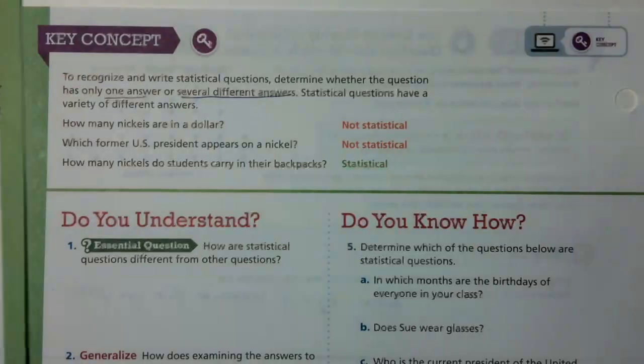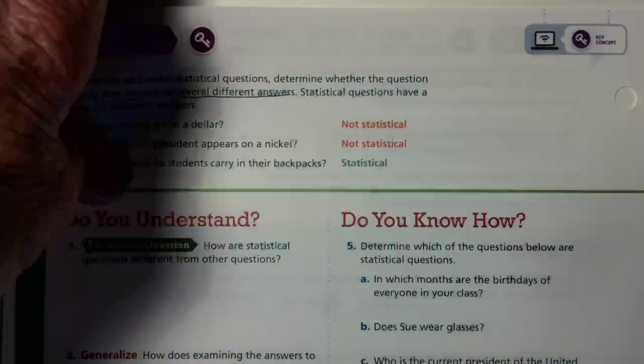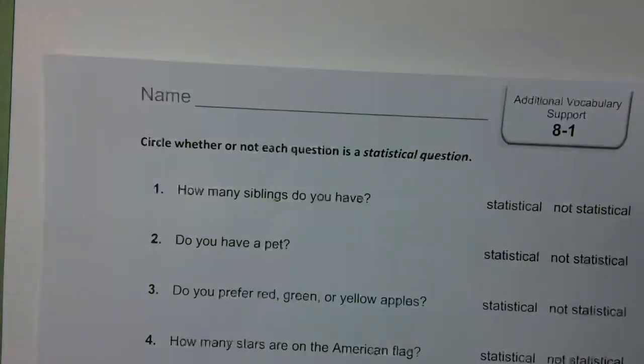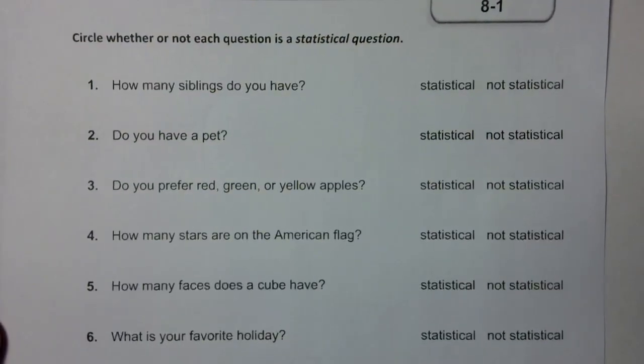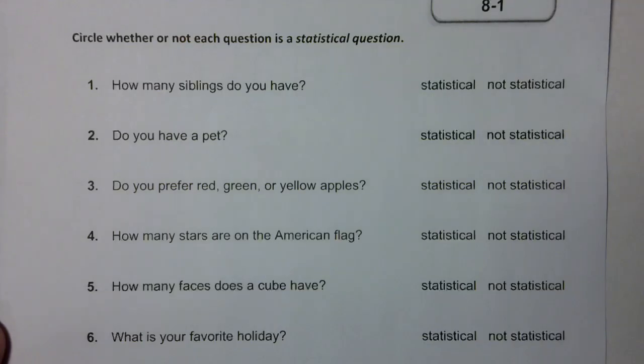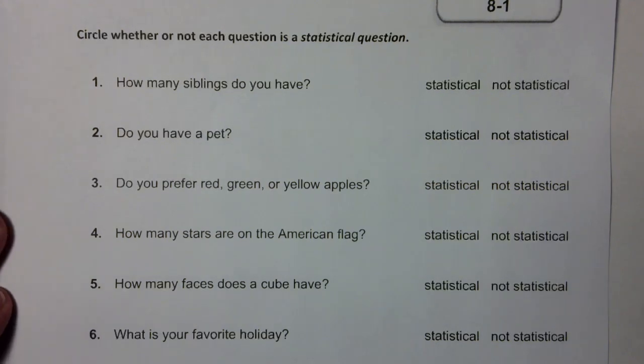At this point, set this aside for a moment and get your vocabulary page, please. We're going to go through here and decide if these are statistical or not. If you ask, how many siblings do you have to a class full of people, would that be statistical or not?